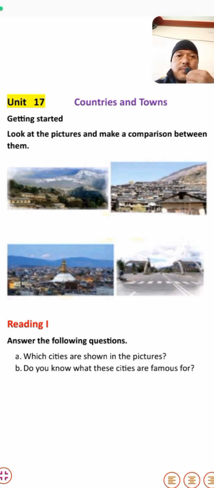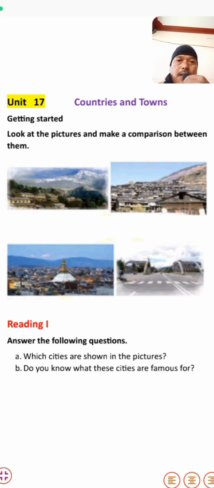Students, this is a brief comparison between these pictures. Now move to the text. Reading first. Answer the following question: which cities are shown in the pictures, and do you know what these cities are famous for?